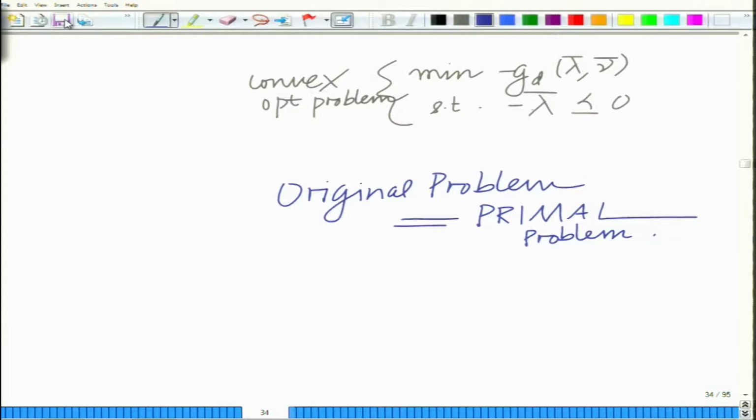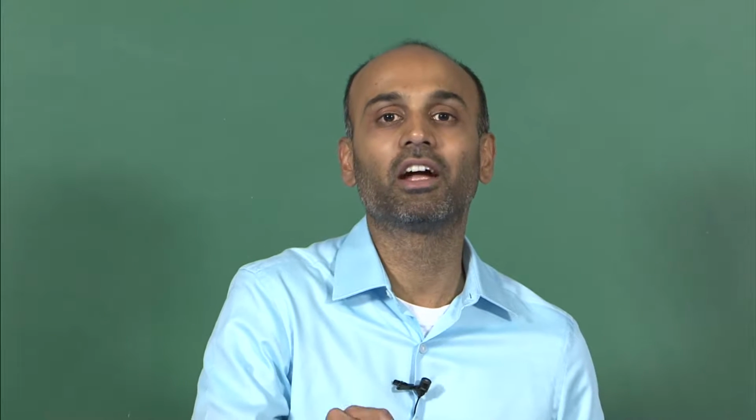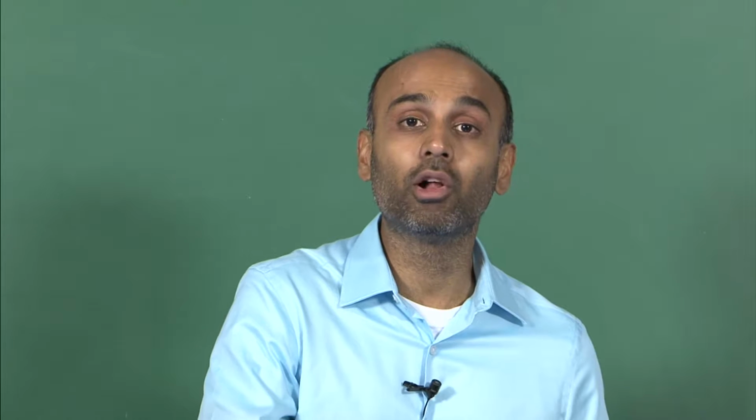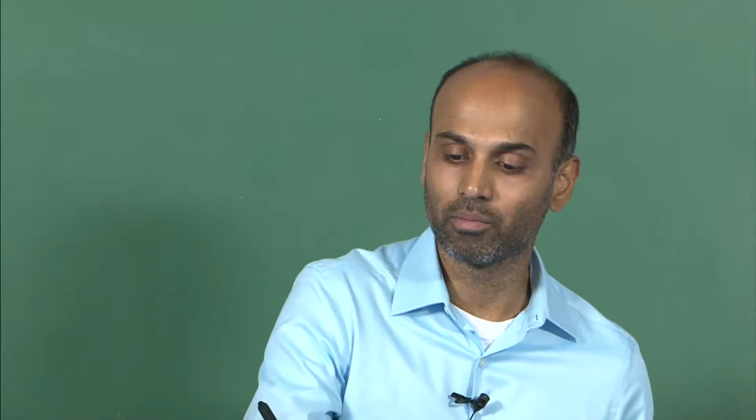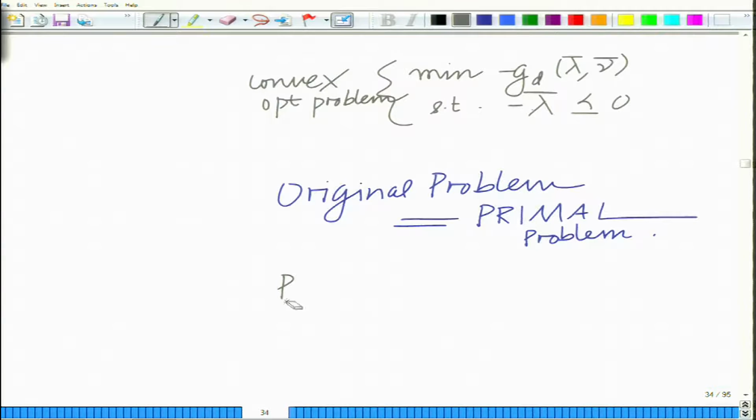So, even if the primal problem is non-convex, the equivalent dual problem derived from the primal problem is convex, and therefore, one can conveniently use all the techniques of convex optimization to solve the Lagrange dual problem.